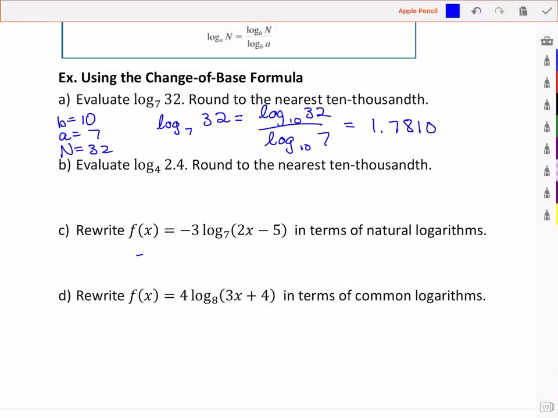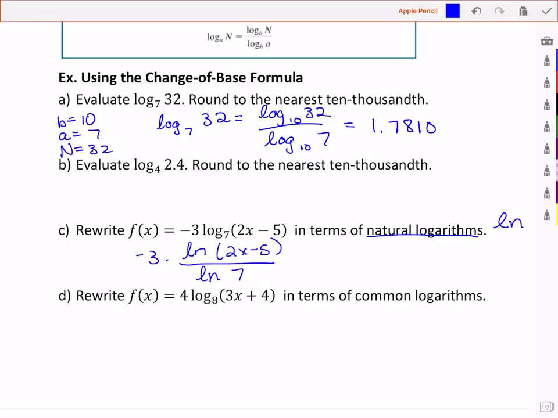Yes, okay. So I'm going to say it's negative 3, just kind of hanging out front. And we're wanting to get this in terms of natural log. So that's going to be our LN, natural log. So times natural log of 2x minus 5 over natural log of 7.